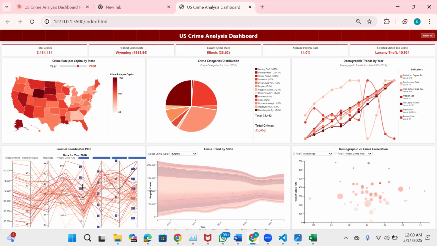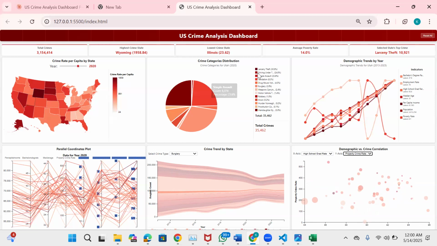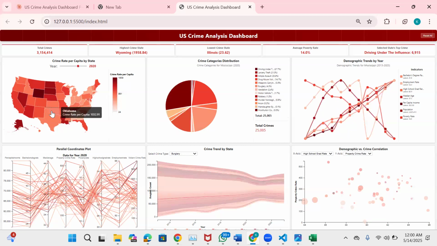So our dashboard reveals several counterintuitive patterns: rural Midwest and Western states have the highest per capita crime rates, education appears more influential than income in reducing crime, there's only a slight correlation between poverty and crime at the state level, and different states have distinctly different crime type profiles. This dashboard provides a powerful tool for evidence-based policy decisions, resource allocation, and targeted intervention strategies that can be tailored to regional needs.